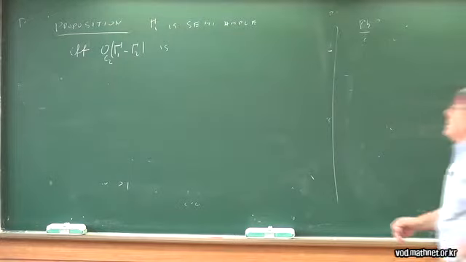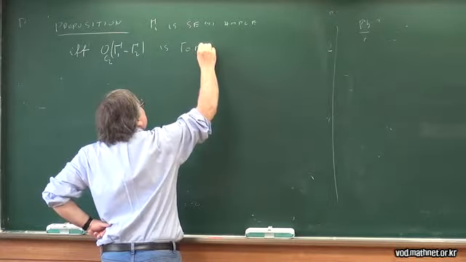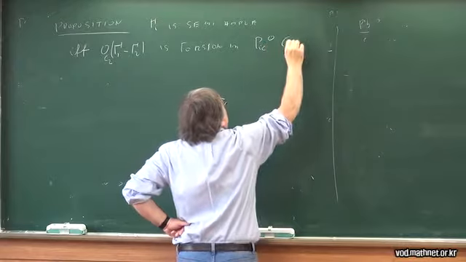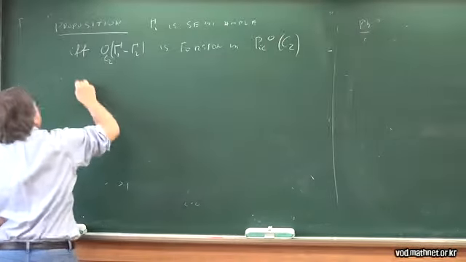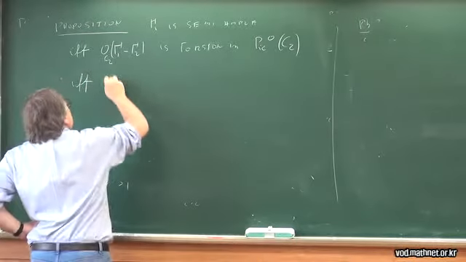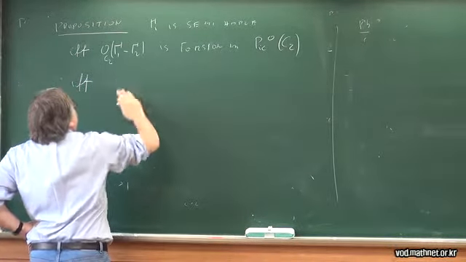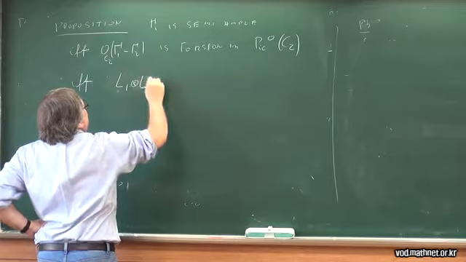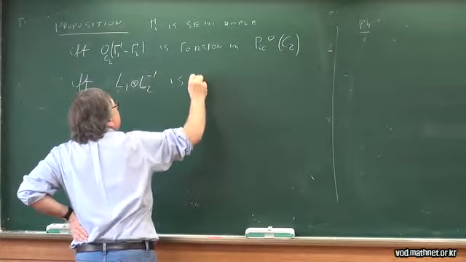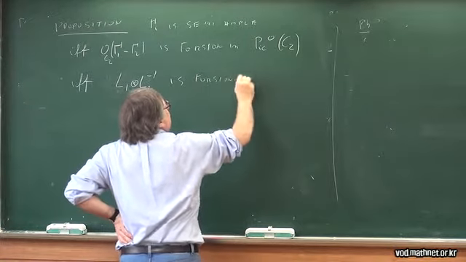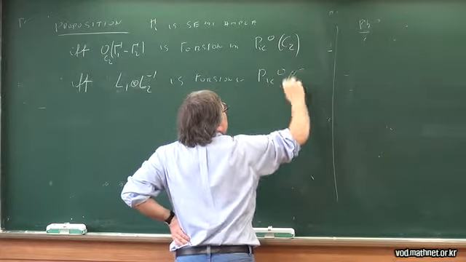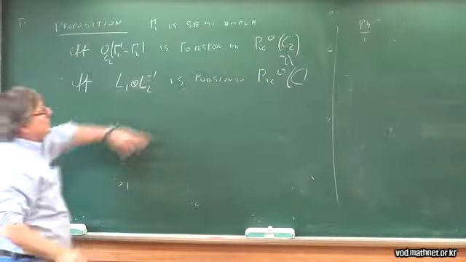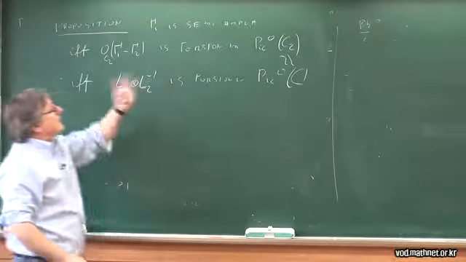In Pic 0 of C2, if and only if OC of L1 minus L2, let's say, is torsion in Pic 0 of C, and these two are isomorphic because they are the same Albanese variety and also they are principally polarized, and so they are in the same Pic 0.